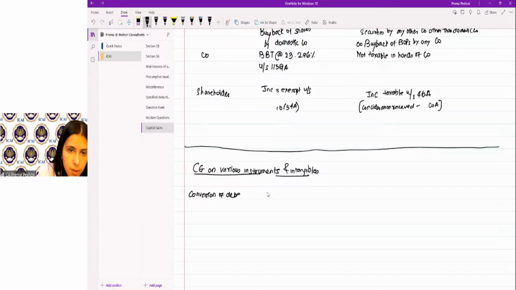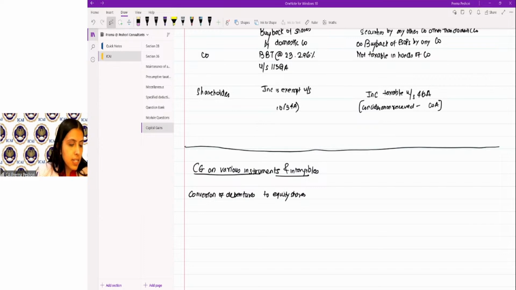If you are converting the debentures to equity shares, then in that particular case, first of all, will it be considered as transfer?